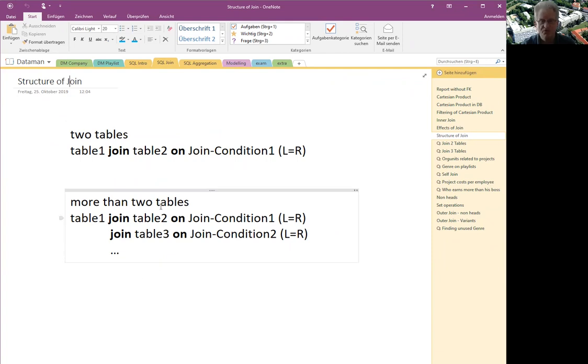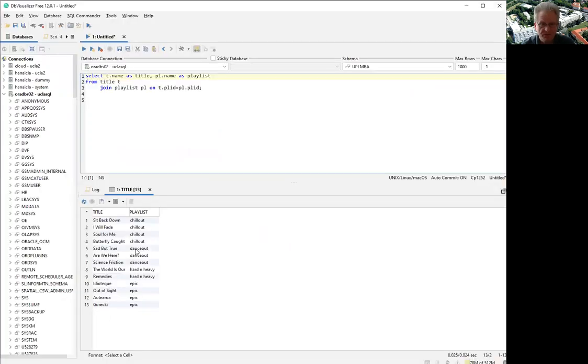And if we have more than 2 tables, then we say table 1 join table 2 on, and then just go ahead with the second join, table 3, and the second join condition. So that's the way tables are joined here if we have more than 2 tables.